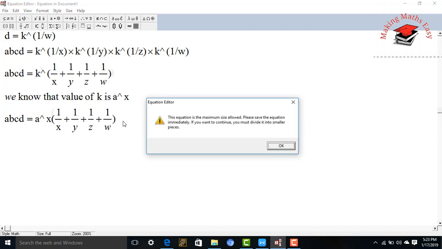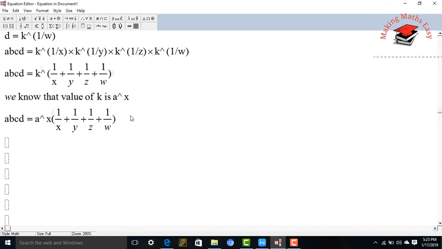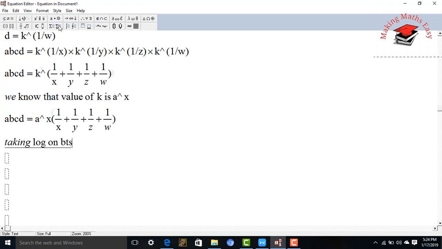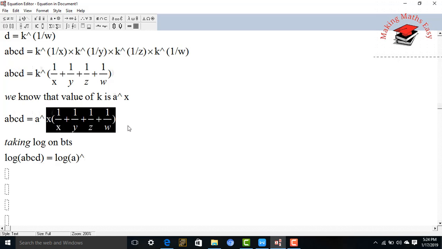Now take log on both sides. After taking log on both sides, we will get log of abcd equal to log of a raised to this expression.